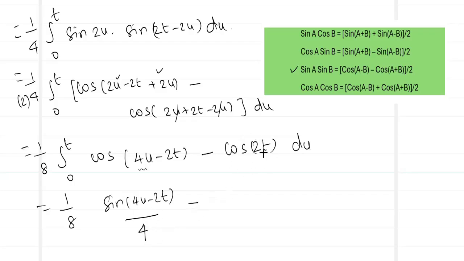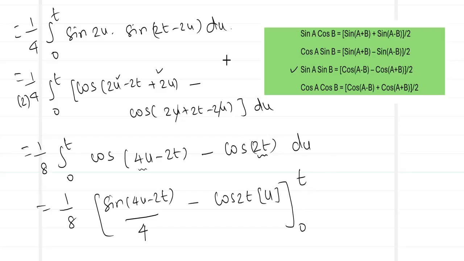When it comes to the second term, it is entirely t and no u, so this cos 2t will be retained as such with a u, which will be applied between the limits of 0 to t. Now let us apply the limits for u as t and 0, the upper limit minus the lower limit.